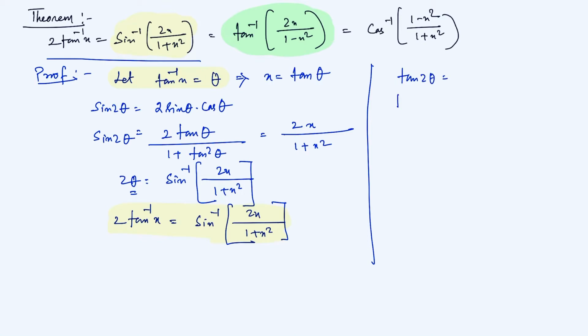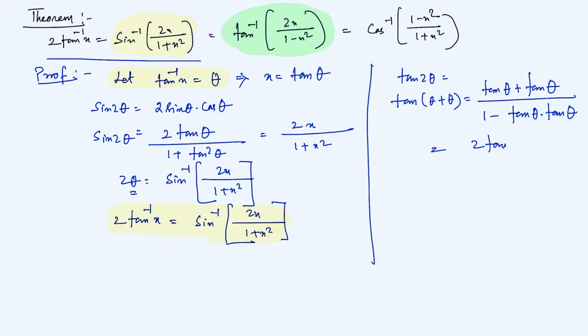Tan 2 theta means tan of theta plus theta, so that will be equal to tan theta plus tan theta divided by 1 minus tan theta into tan theta. That will be equal to 2 into tan theta divided by 1 minus tan square theta. What is tan theta exactly? Tan theta is equal to x, so instead of tan theta we replace x: 2x divided by 1 minus x square.